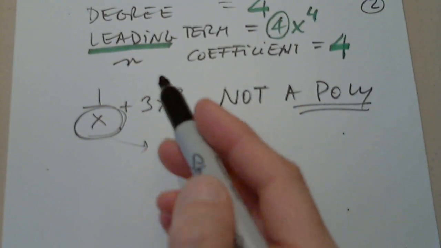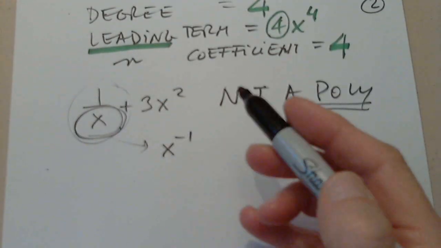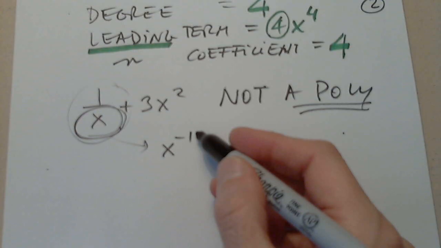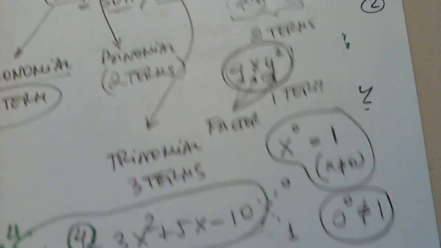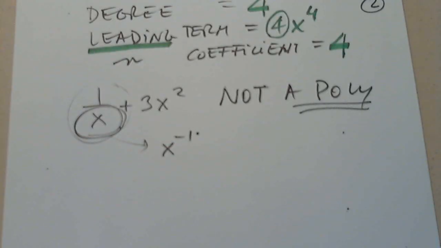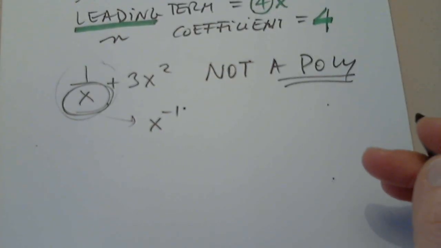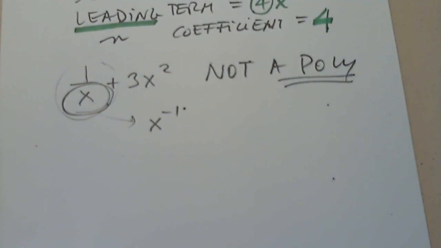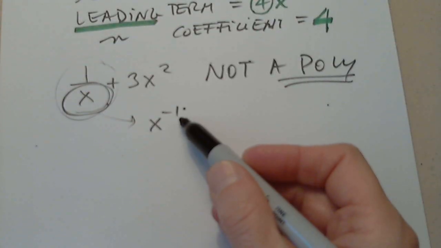Because basically this is x to the power negative 1. 1 over x is power negative 1. So all powers of the variables in a polynomial have to be natural numbers, including 0. So if you want, whole numbers. Not negative numbers.